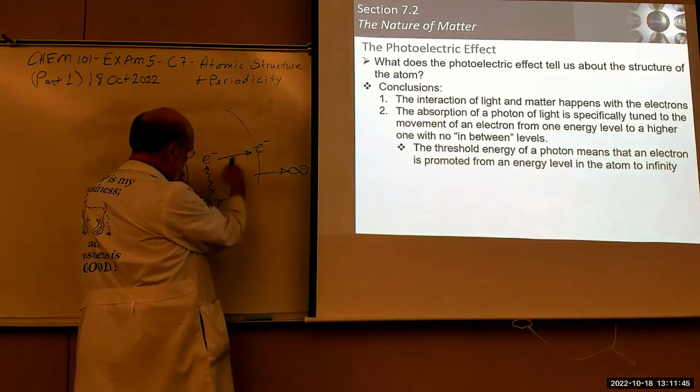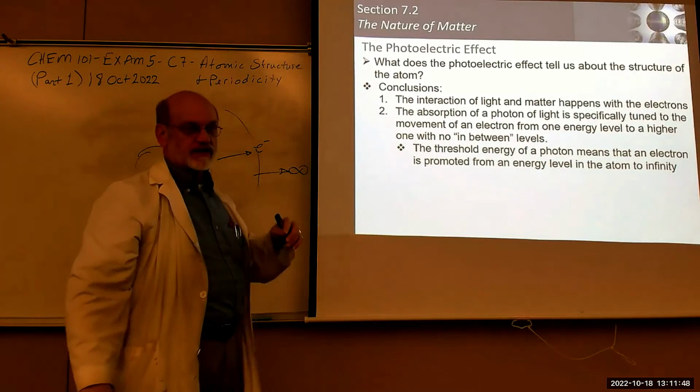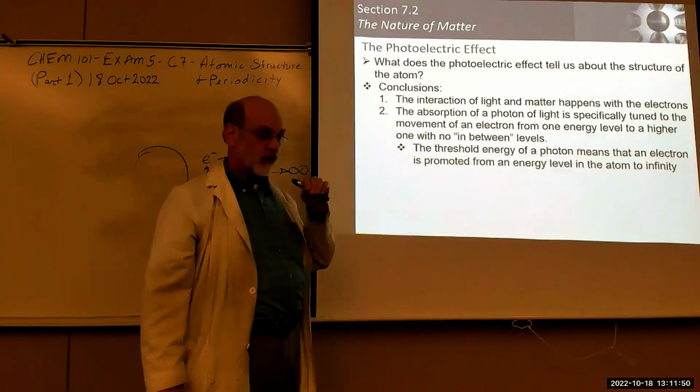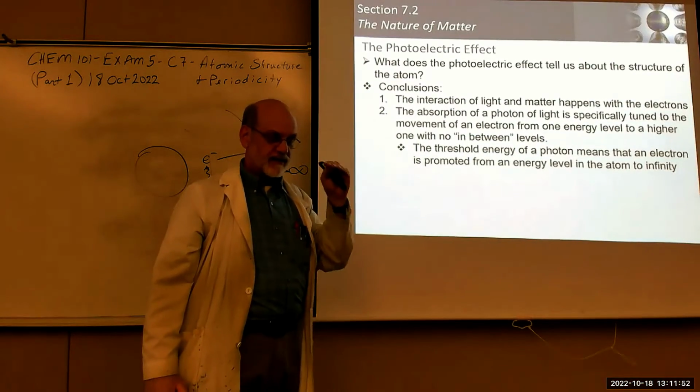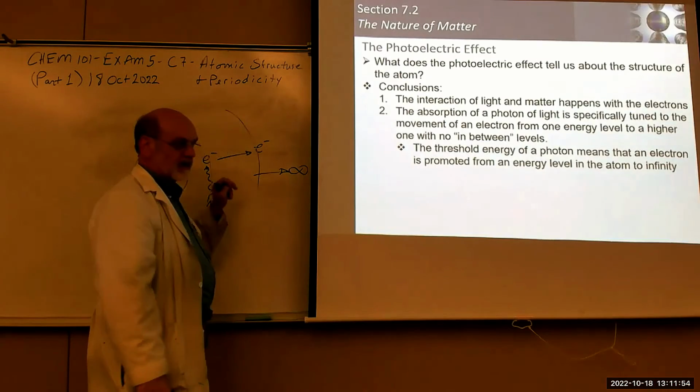But between levels around the atom, those things are quantized. That is, if you don't have the exact amount of energy required to go from here to here, then it won't happen.